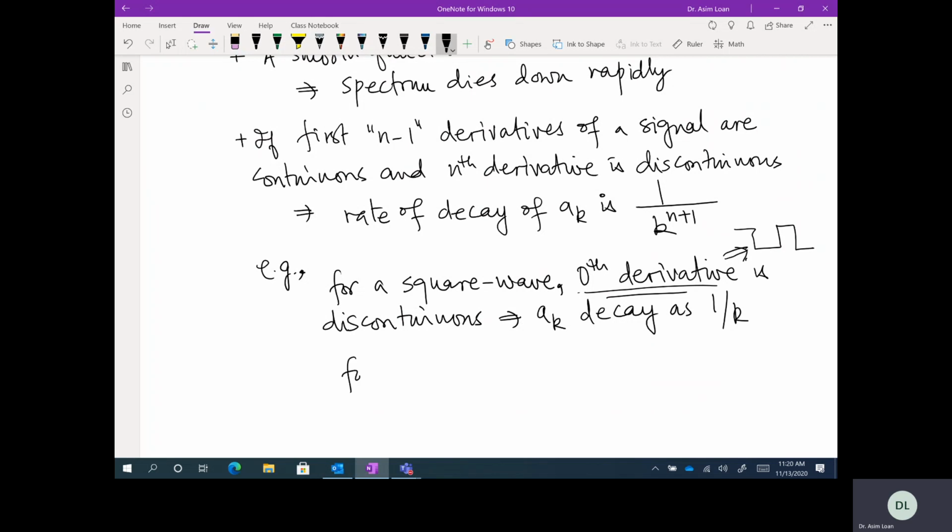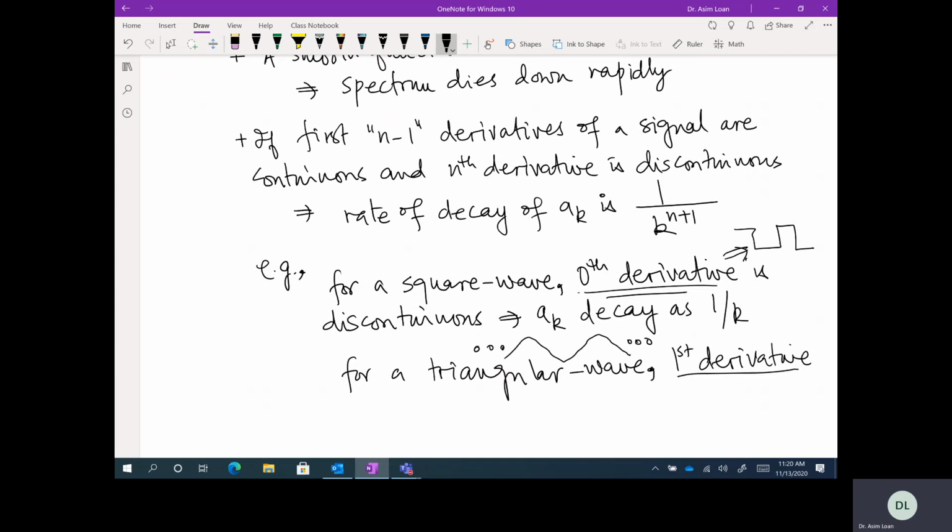And a triangular waveform is smoother than the square waveform. For a triangular wave, the first derivative is the square wave, right?